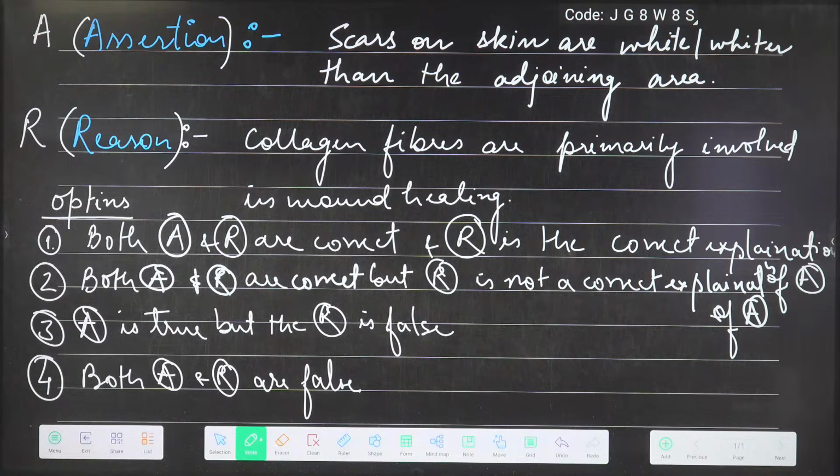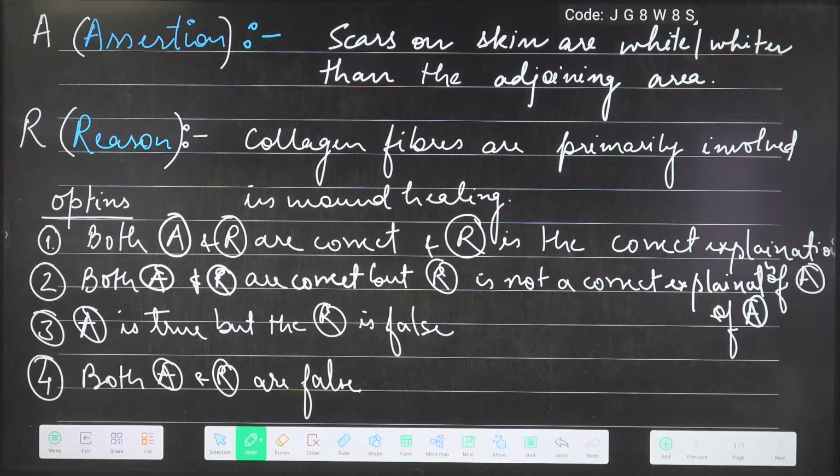Scrapping the examination means now there won't be any separate AIIMS examination, and from that year, the NEET examination is the only admission test for all the medical colleges in India, whether they are premier or not so premier.